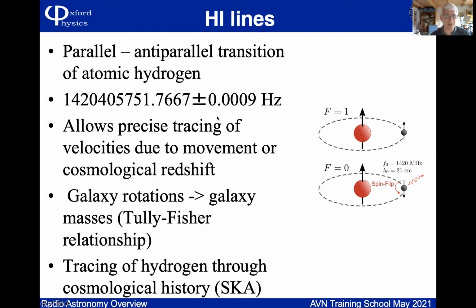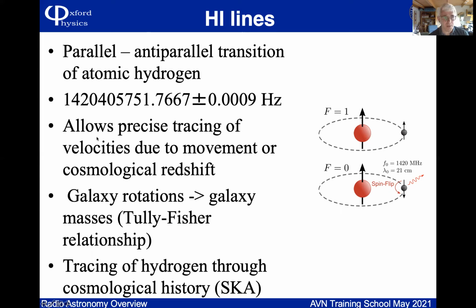Because there is so much hydrogen in the universe, even though this is a very, very weak transition, so a typical hydrogen atom can literally wait millions of years between flipping from one state to another, there's so much hydrogen that this is actually quite a strong signal wherever you've got concentrations of matter in the universe.